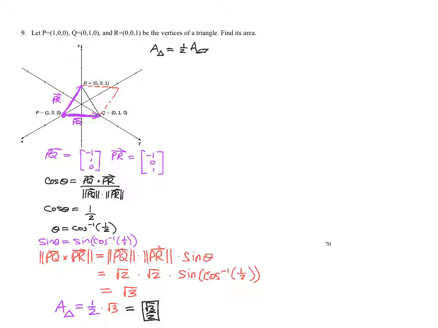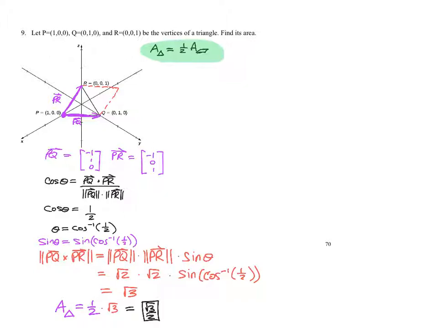And it all comes back to this idea that the area of a parallelogram is twice that of the area of a triangle. So take the area of a parallelogram, chop it in half, and you have the area of a triangle. Pop it all in the calculator if you want, or use the cross product approach and then find its magnitude. But still, you'd have to chop it in half in the end.